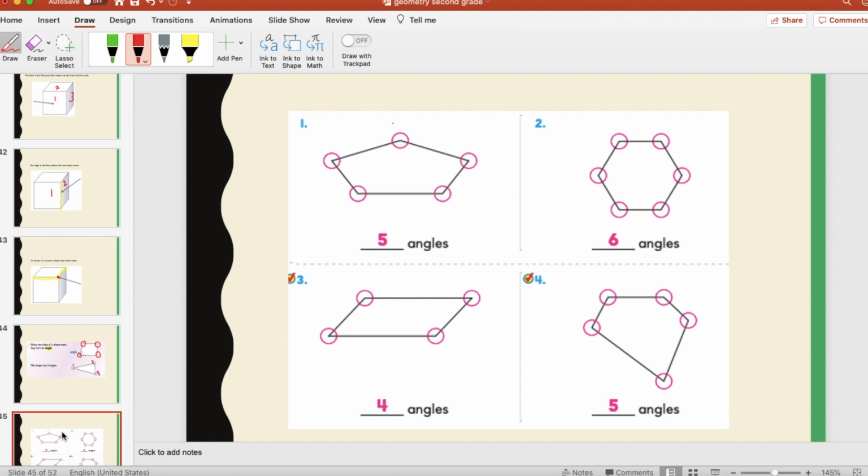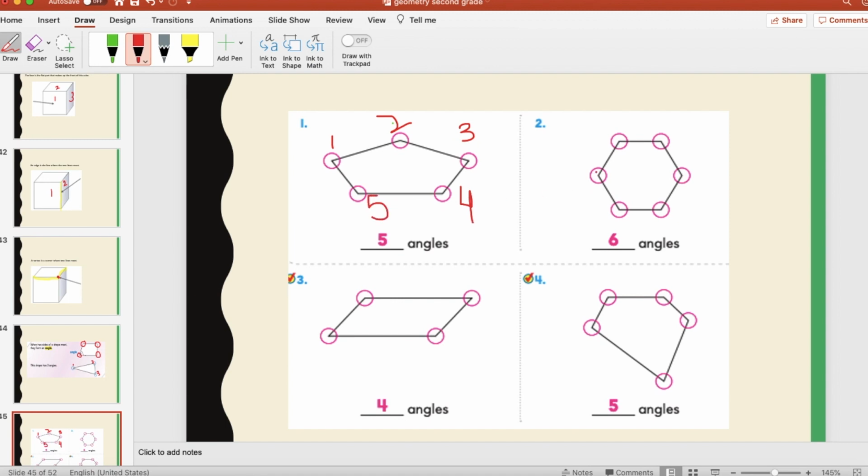This goes over angles again. Over here, we have a pentagon because it has five sides, and in our pentagon, it has five angles. So we have 1, 2, 3, 4, and 5 angles.